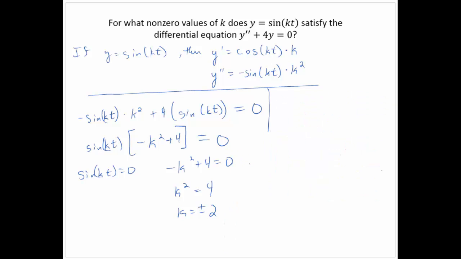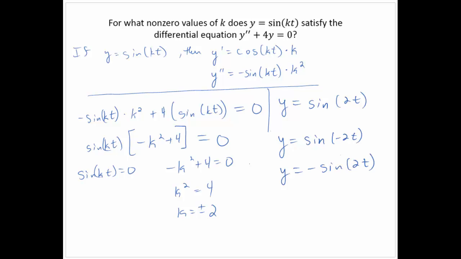So k is positive or negative 2, then y equals sine 2t is a solution. What about that negative 2? Well, if y equals sine of negative 2t, if you remember something from trigonometry, the sine is an odd function, and so the sine of negative x is negative sine x. So this is just the same as negative sine 2t.